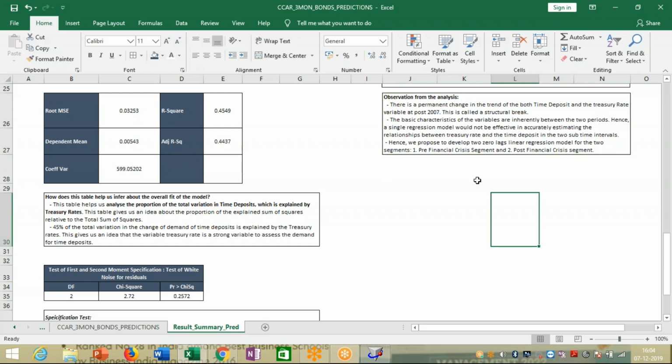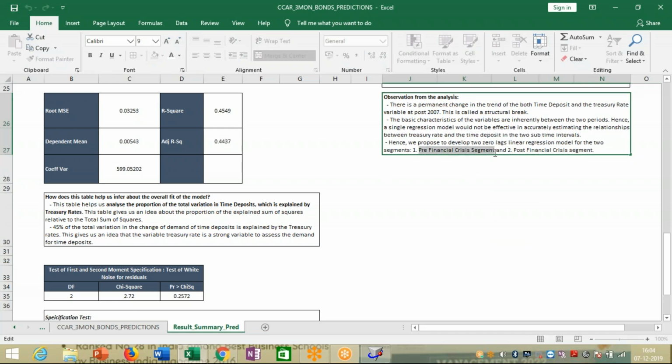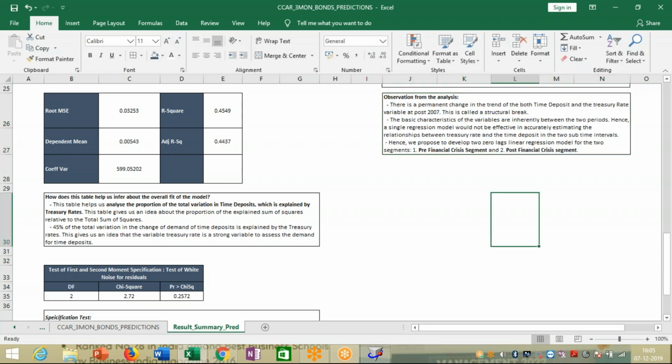So these are the two segments that we would be constructing. What are the two segments we are constructing? One is the pre-financial crisis segment, and number two is the post-financial crisis segment.